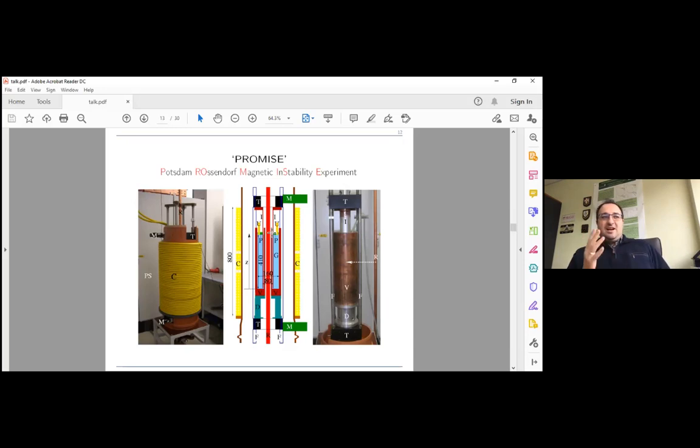And I have found this a bit confusing, if there is a way to reconcile this with the MRI instability. So is there a study of what the equivalent of MRI would be if also the Rayleigh criterion is not satisfied? Or you believe that the flow, the fluid instability dominates the problem?